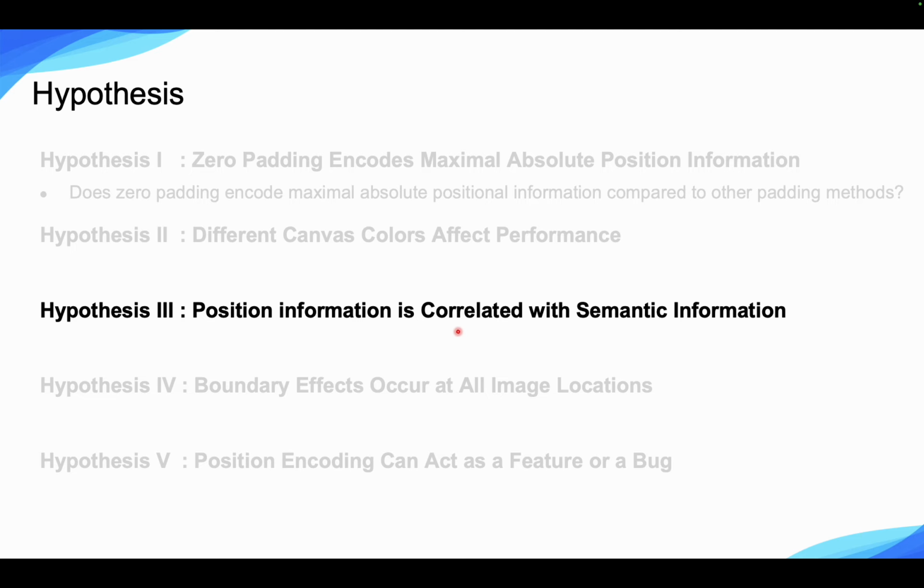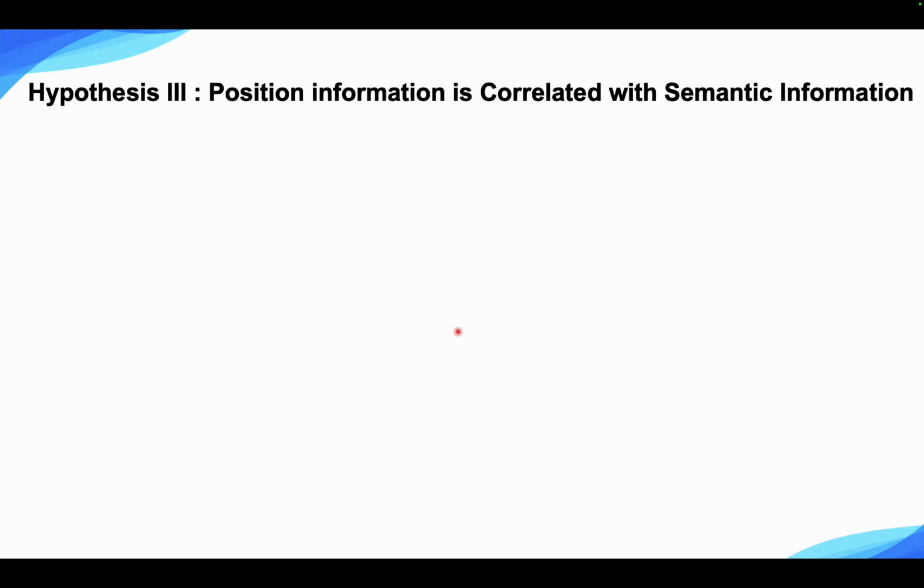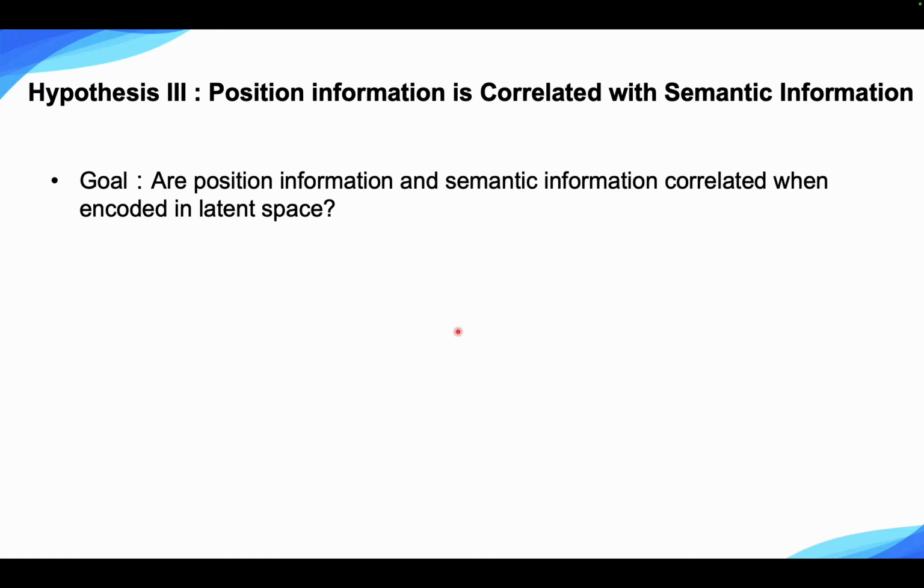And let's move on to the next hypothesis, whether the position information is correlated to semantic information. The goal here is to validate whether positional information and semantic information are correlated when encoding in a latent space.